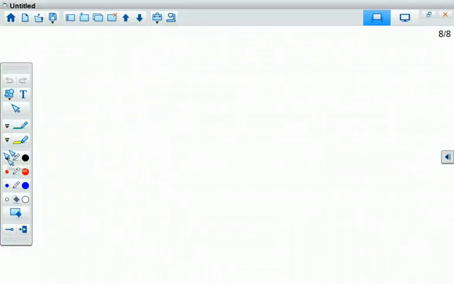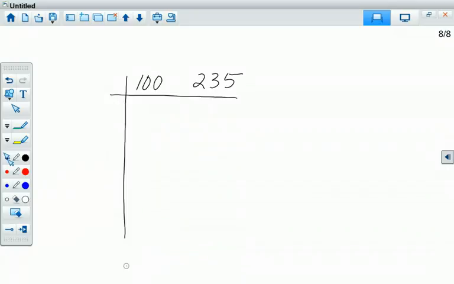So let's do 100 and 235. All right, I don't care about the greatest common divisor. I want you to find the least common multiple.